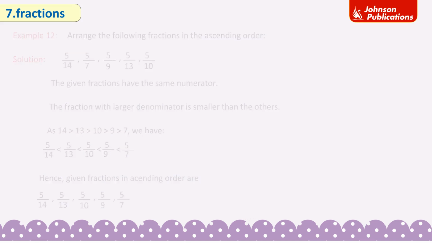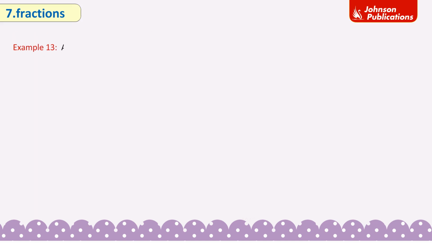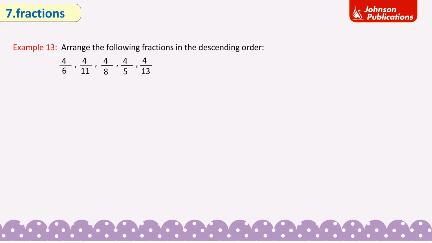Example 13. Arrange the following fractions in the descending order. 4 by 6, 4 by 11, 4 by 8, 4 by 5, 4 by 13. Solution. The given fractions have the same numerator.